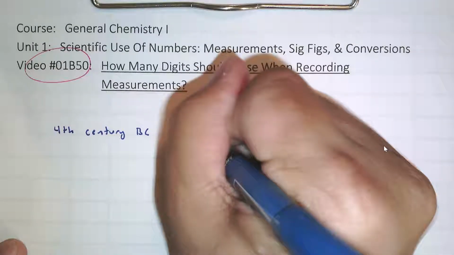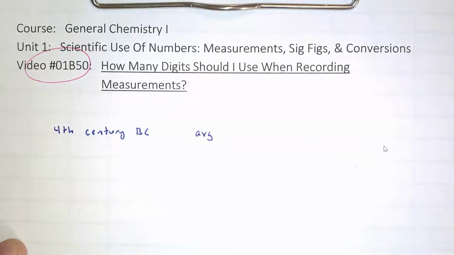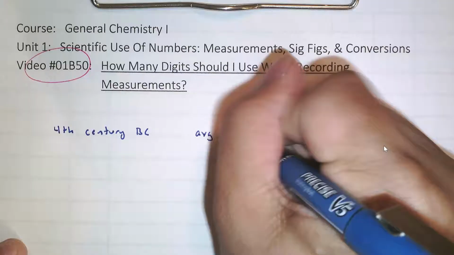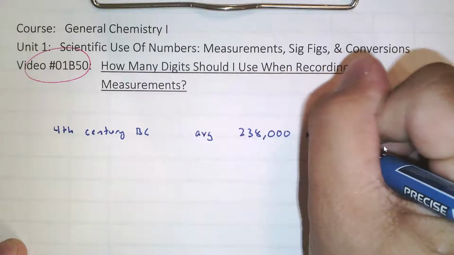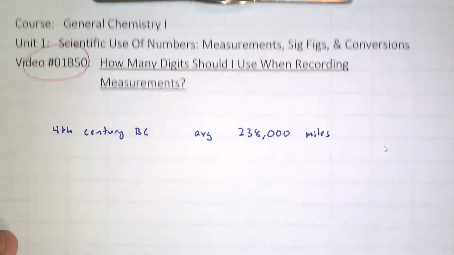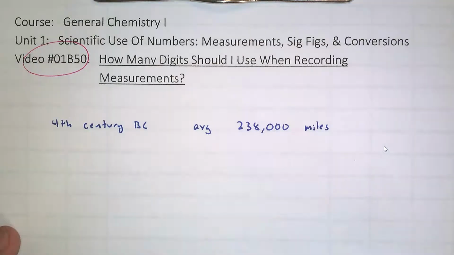And the average distance in some of their measurements was 238,000 miles. Now, when you see that number, 238,000 miles, what may the audience assume?